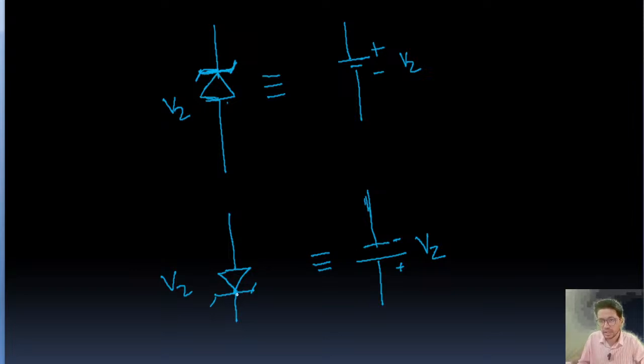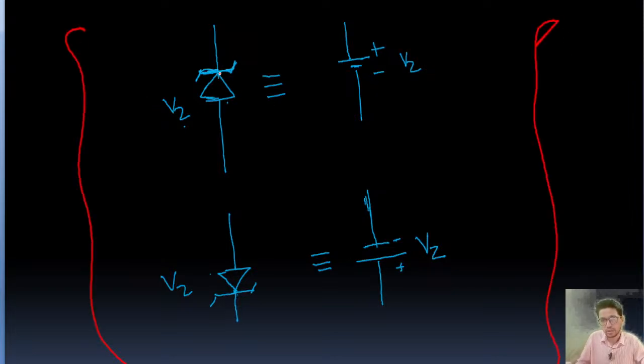So this part is going to be positive, and this part is going to be negative. This and this is VZ, in the Zener diode, and that is going to be equivalent to these two circuits. This is a very important one, you need to know. This part means positive for Zener voltage and this part is negative for Zener voltage.